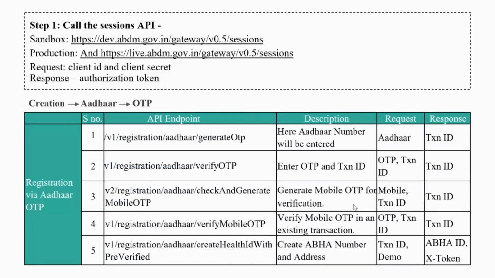Sir, there might be some problem. Actually, that might be an instance related issue. At what time did you try it? Ever since I've been trying it, the first API I call is the sessions API to get the access token, and then I send the access token in this generate OTP API with the Aadhaar in the body.